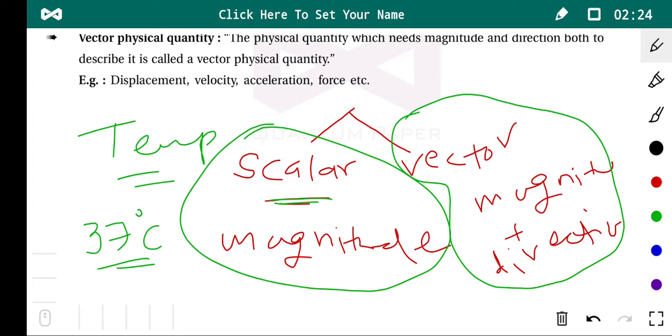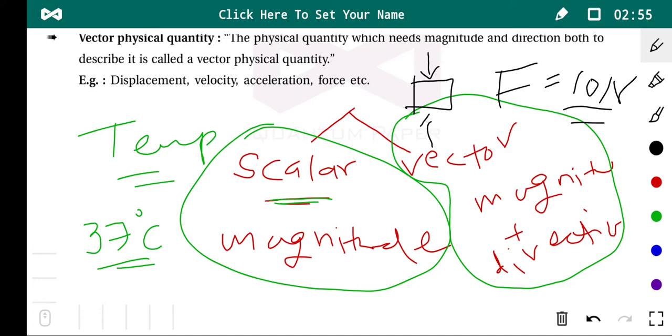Suppose we take a force, like we apply a force on any body, about 10 newton. So we have to say in which direction we apply the 10 newton force. Suppose the object is like this, so we apply a 10 newton force in which direction, meaning in an upper direction, in a down direction, or towards the right side or towards the left side.